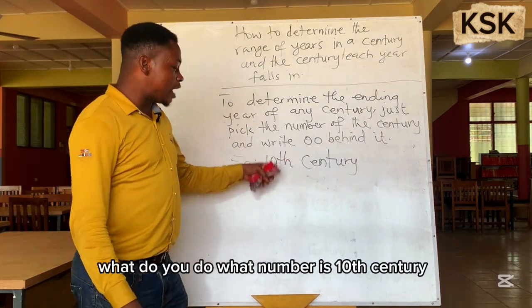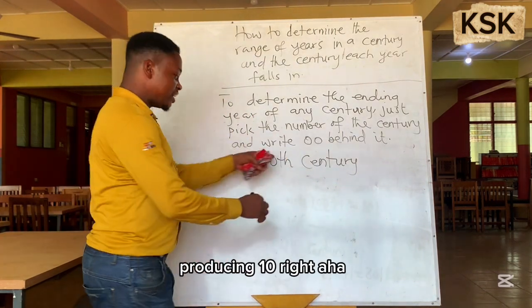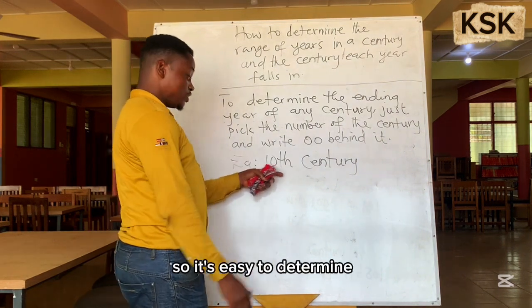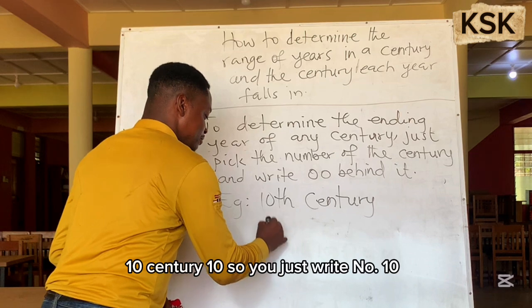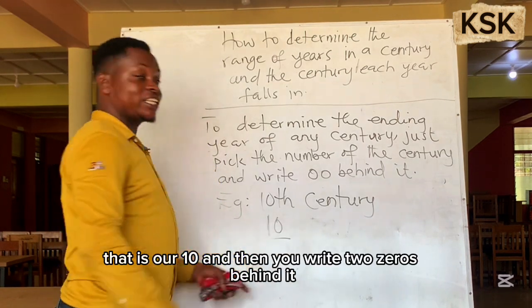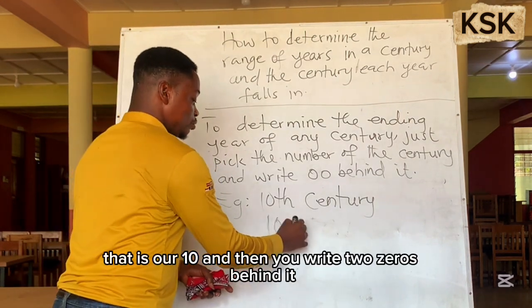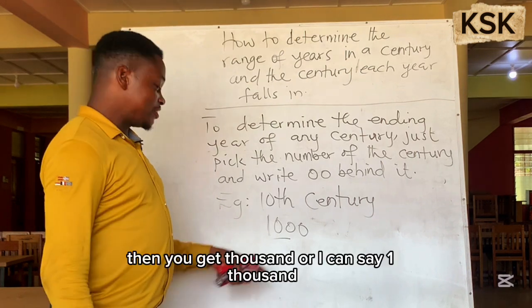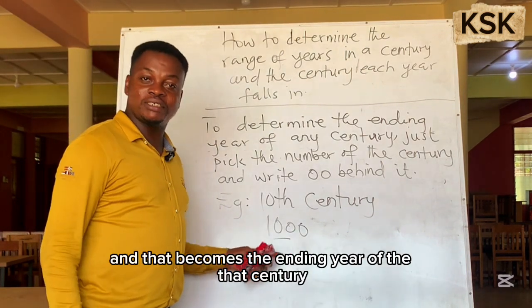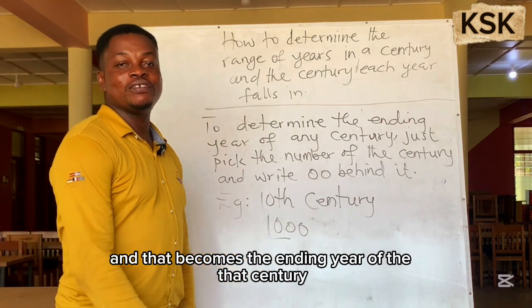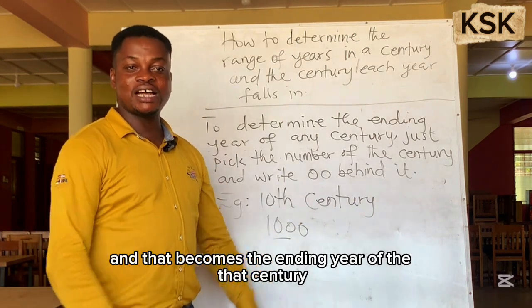What number is the 10th century producing? 10, right? So you just write the number 10, and then you write 2 zeros behind it. Then you get 1,000, and that becomes the ending year of the 10th century.